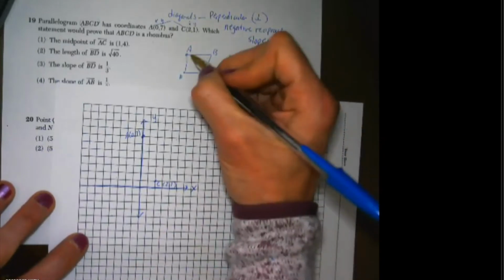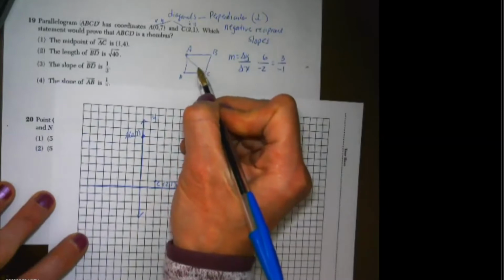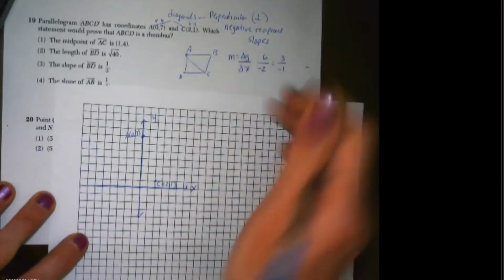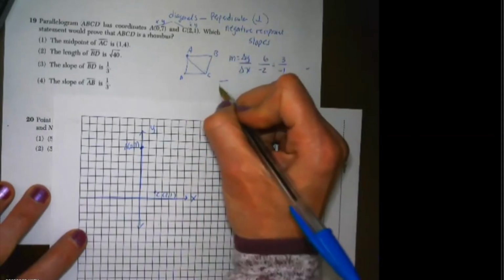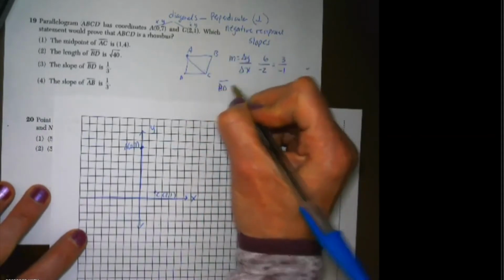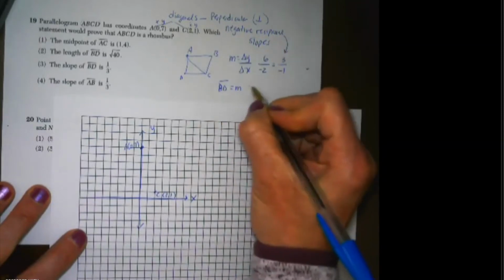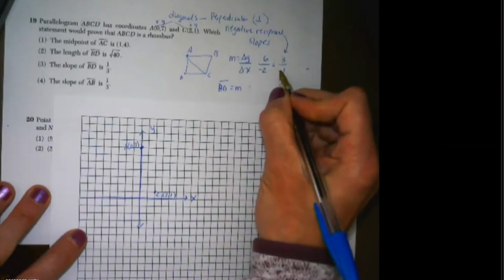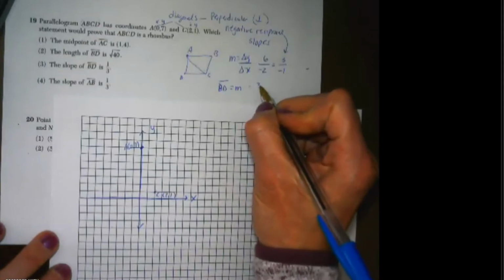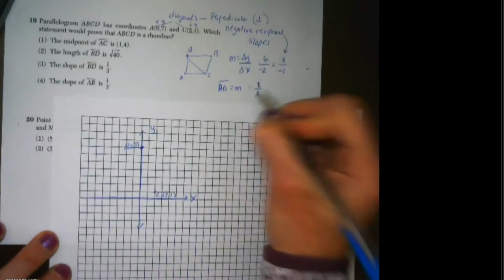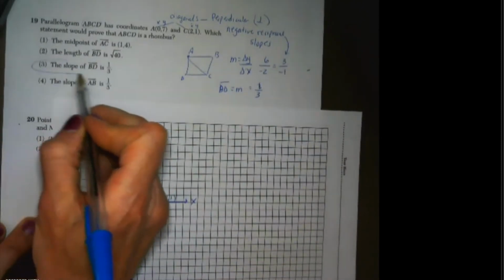So I know that the slope of this diagonal is up 3, negative 1, which means that the slope of line segment BD, the other diagonal, is going to be the negative reciprocal, which is going to be, instead of negative, positive, and then reciprocal means to flip the fraction. So 1 over 3. Therefore, the answer to this question is going to be choice 3.